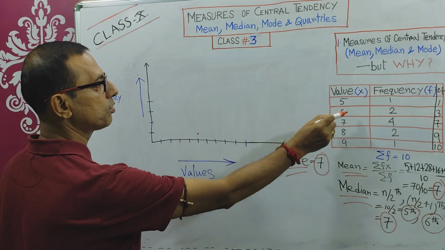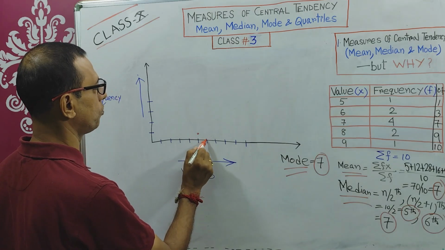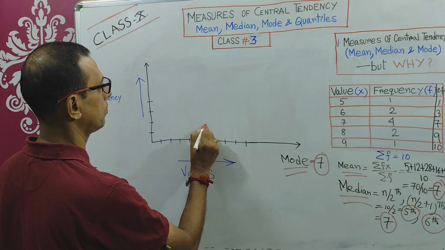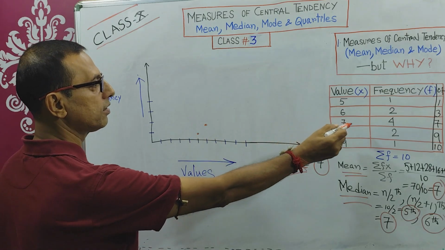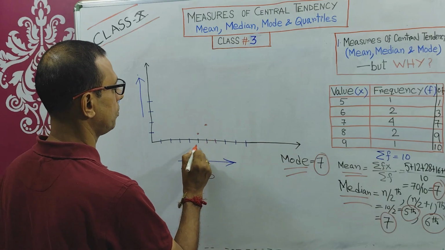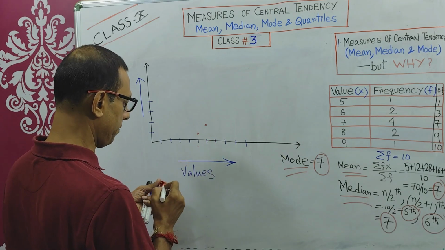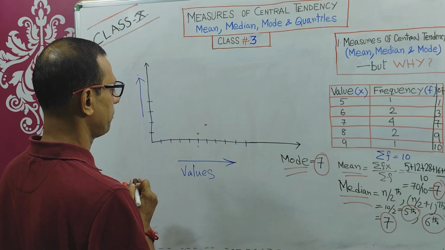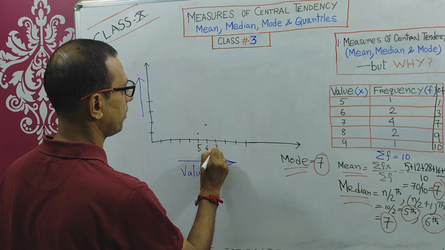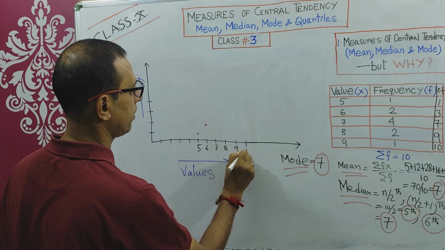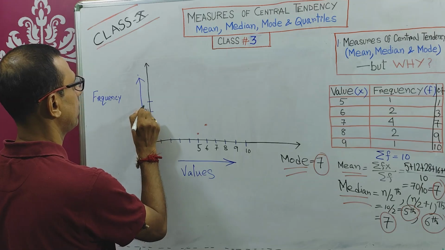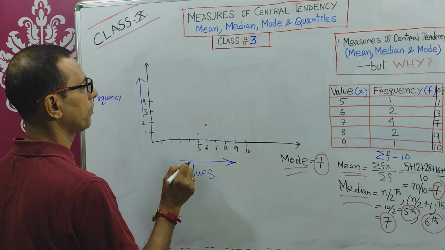Second is value 6, observation 6, frequency 2. Third is observation 7, frequency is 4. So this is 5, this is 6, 7, 8, 9 and 10, and this is 1, 2, 3 and 4.